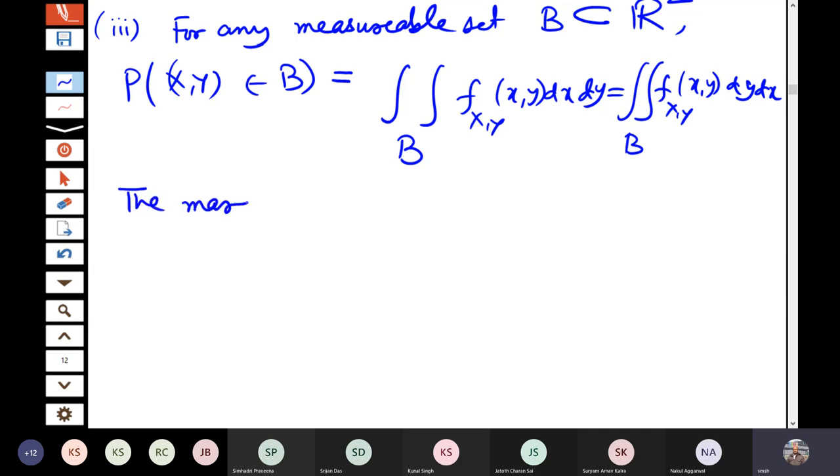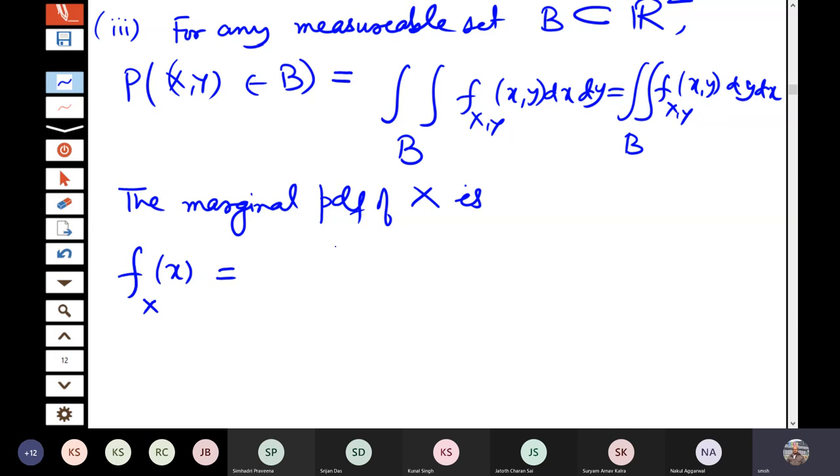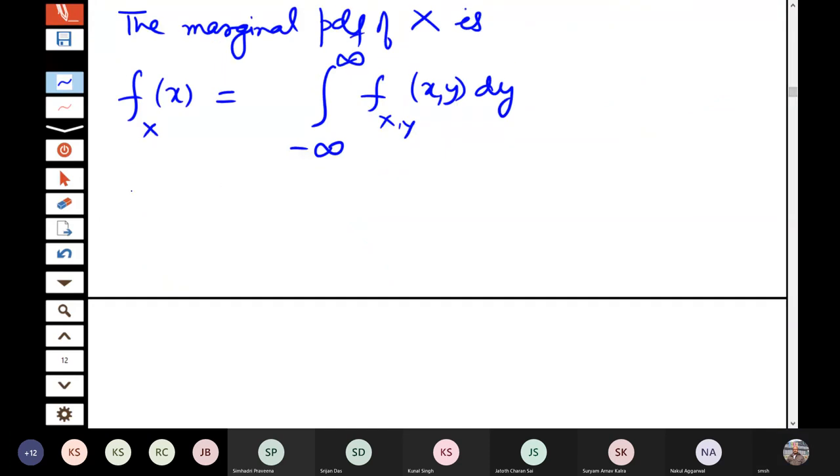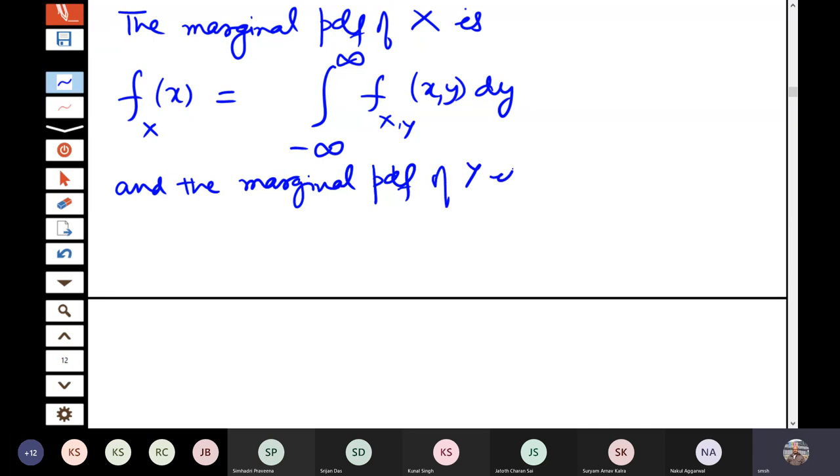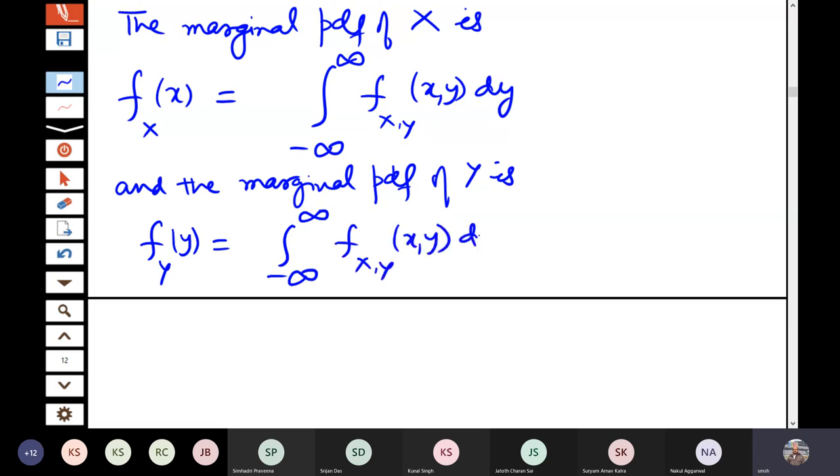So the marginal PDF of x is... if you integrate with respect to x, then you will get the marginal of y.